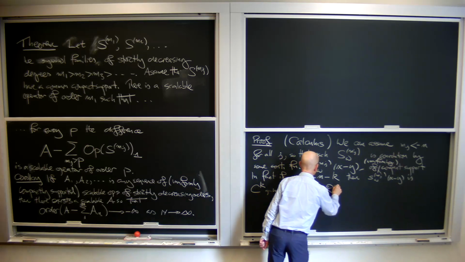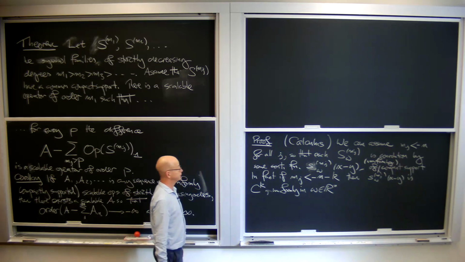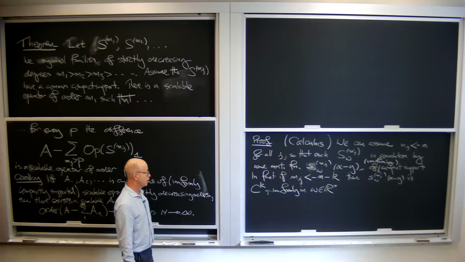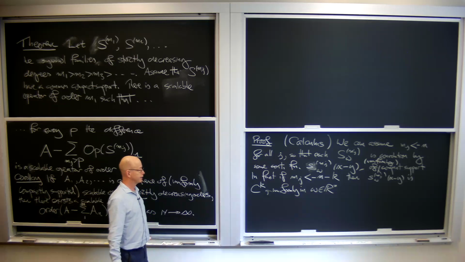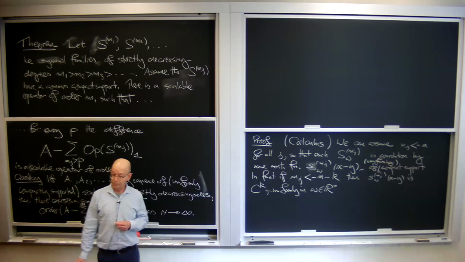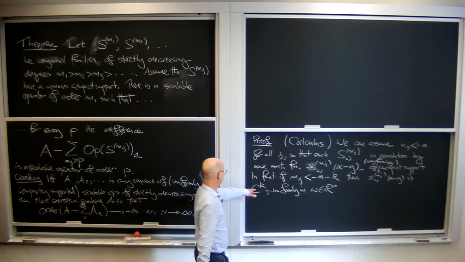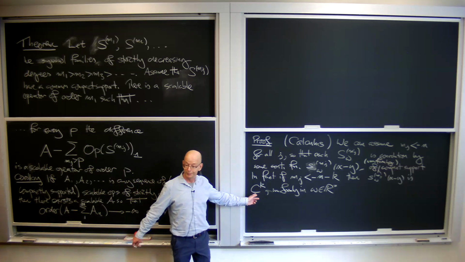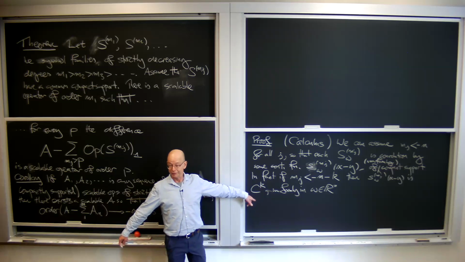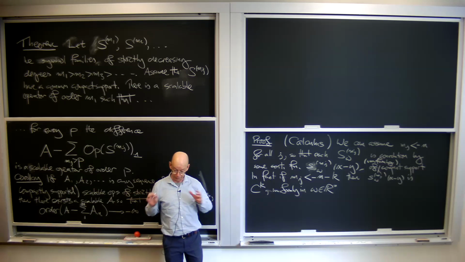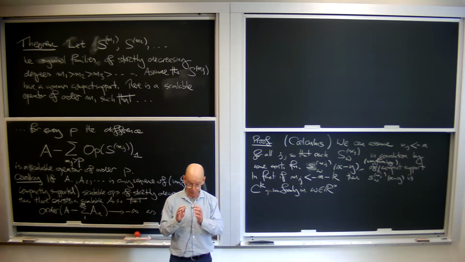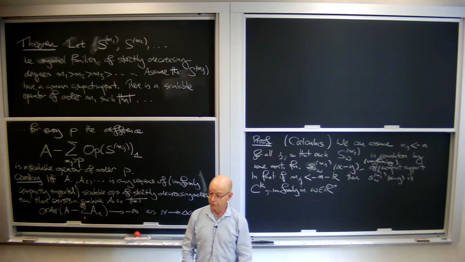That is to say, the map which sends omega to s_omega^{m_j}, a function of x minus y, is a map into the Banach space of C^k functions. Moreover, into the subspace of the Banach space of C^k functions which are all uniformly compactly supported in some, I don't know, closed ball of radius 70.